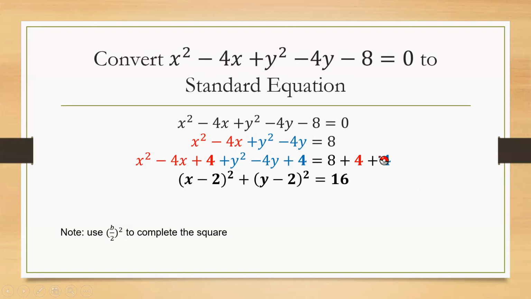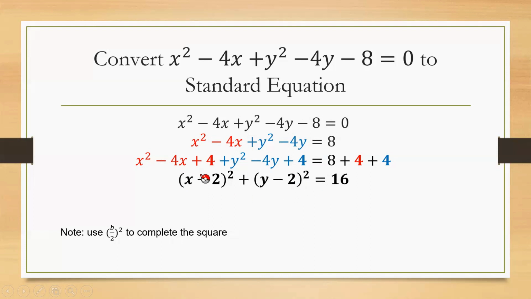So after that, we have to simplify. 8 plus 4 plus 4 is 16. And now we have to simplify our terms. So from x squared minus 4x plus 4, it becomes x minus 2 squared. And our y squared minus 4y plus 4 becomes y minus 2 squared.